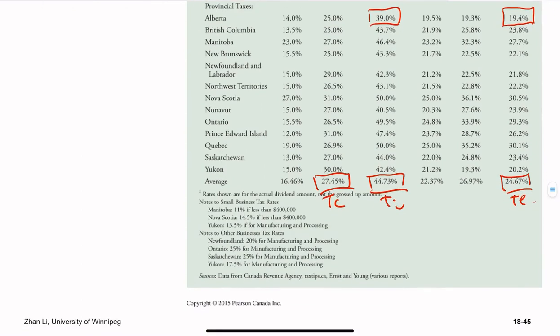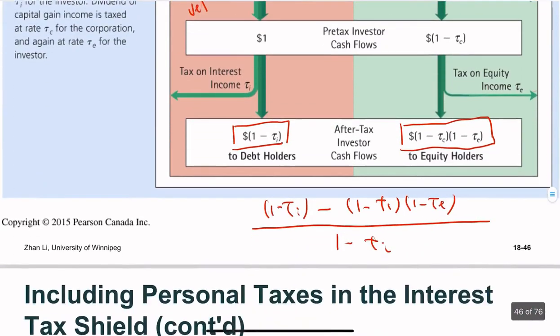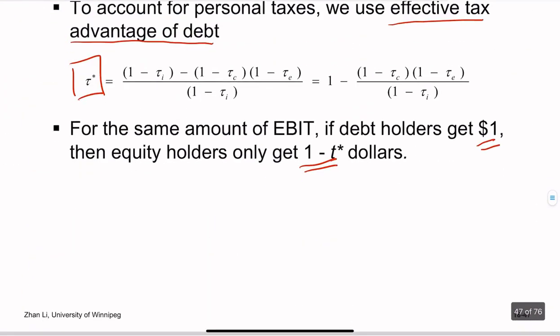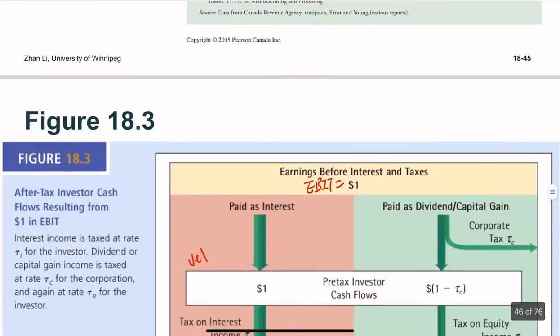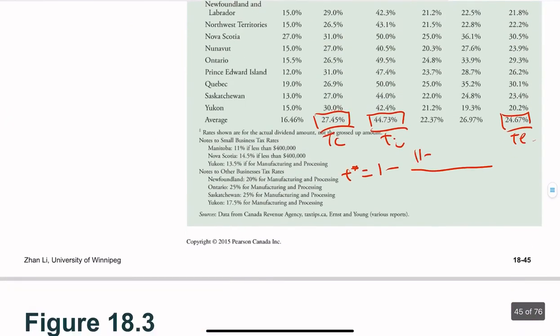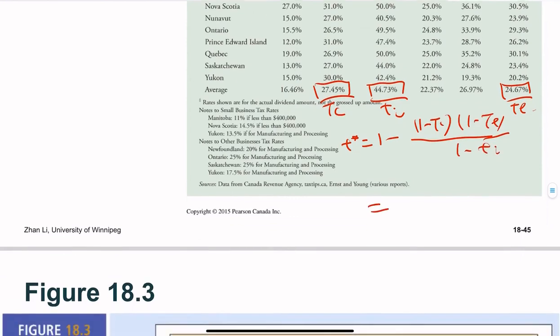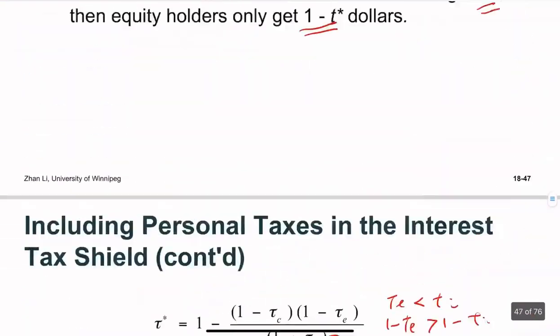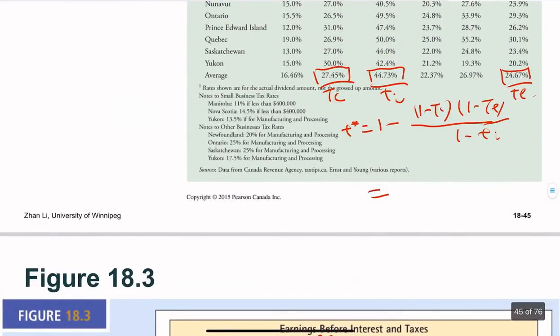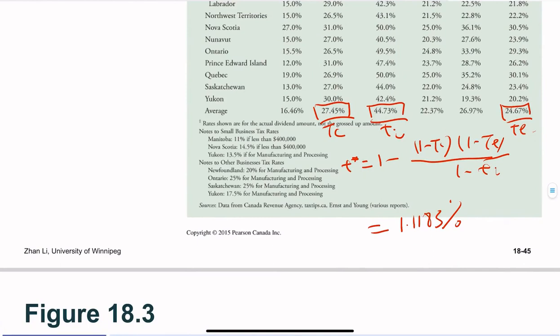So we know that the effective rate is 1 minus, well, I actually cannot memorize this formula. It's 1 minus TC, 1 minus TE, 1 minus TI. Plugging numbers into this formula, you can find out it's 1.1183%.